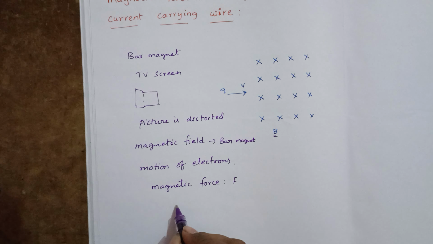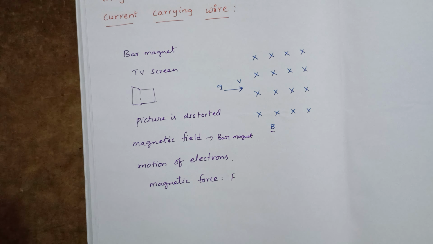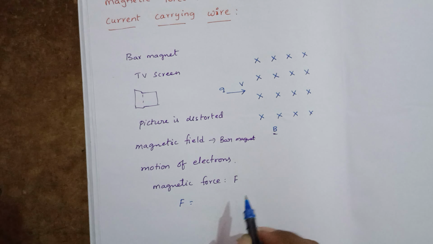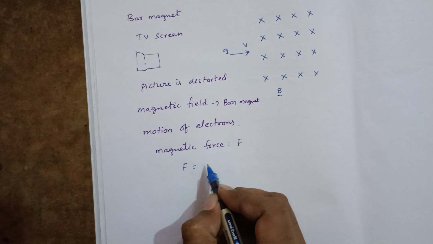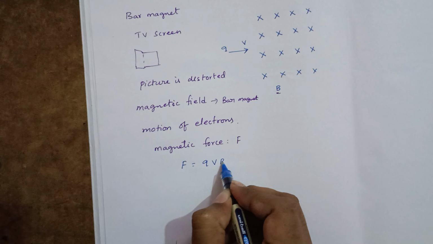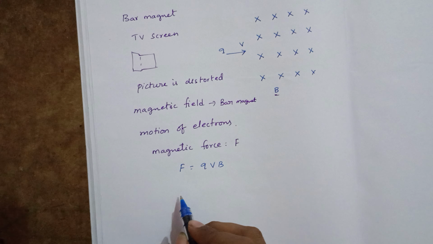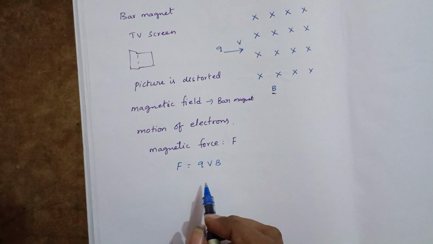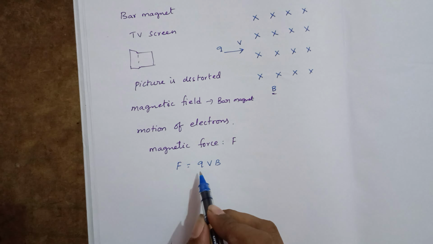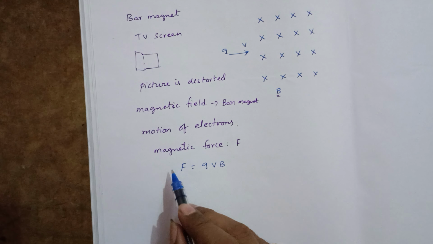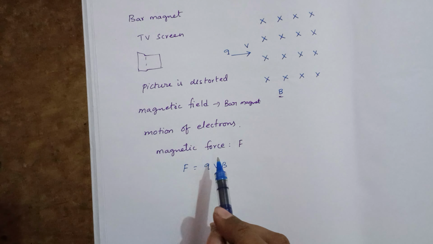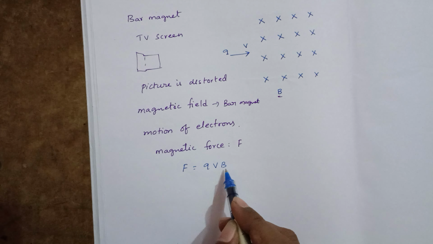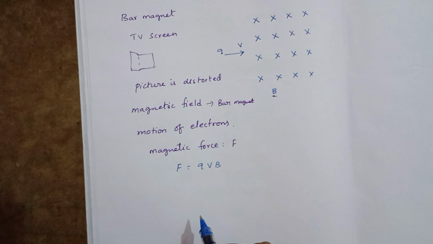Then the magnetic force F is equal to the product of these three quantities, Q, V, B. Magnetic force is equal to QVB. This is experimentally found. Here Q means charge, V means velocity of the charge, B means magnetic field.